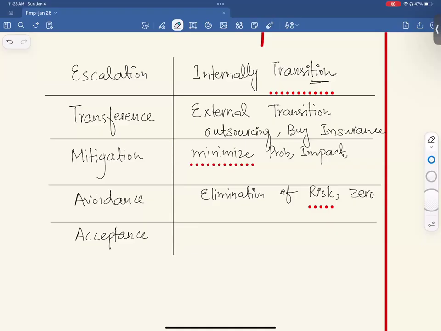But how can we assess that particular risk we need to avoid or eliminate from the system?